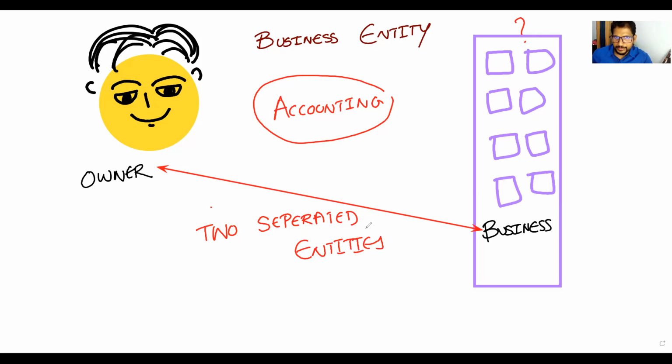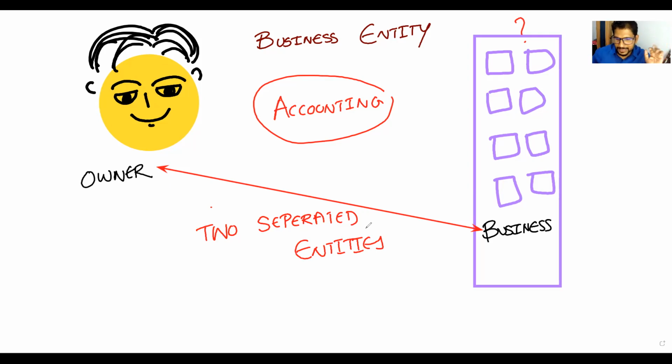Are we clear? It says, okay, it is true that the business can't act alone, but for the purpose of accounting, we assume the owner is different from its business, or the business is separated from its owner.